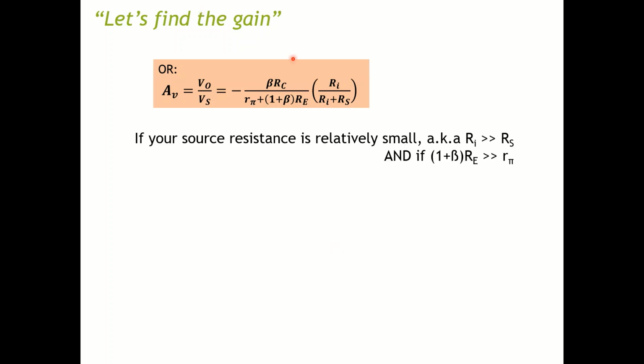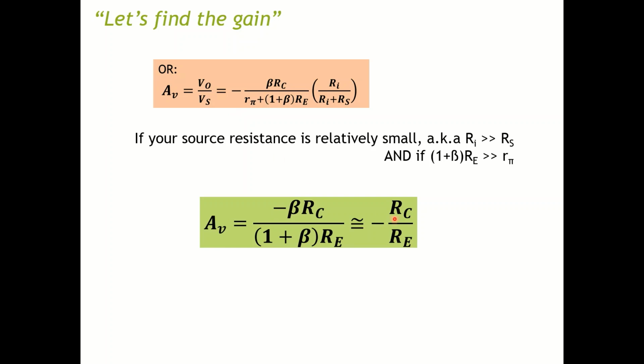Another thing you need to see is, if you have (1 plus beta) RE, which is a lot larger than R pi, then you can get rid of the R pi term in your equation. Then you can have your equation to be this. Above you have beta, under you have 1 plus beta.